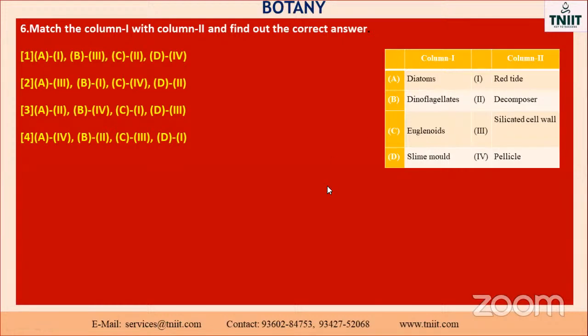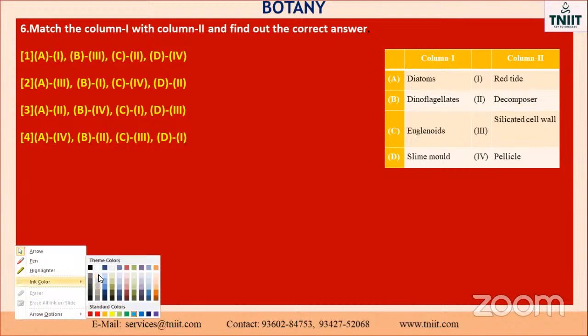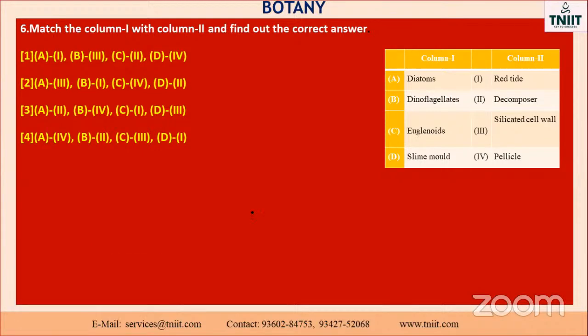Diatoms, just imagine the silicate cell wall, because it's a soap box like structure. Okay, soap box like structure. The cell wall is not destructible. Dinoflagellate, you must note it down. Which one is the easy one, no? Red tide, Gonyaulax.